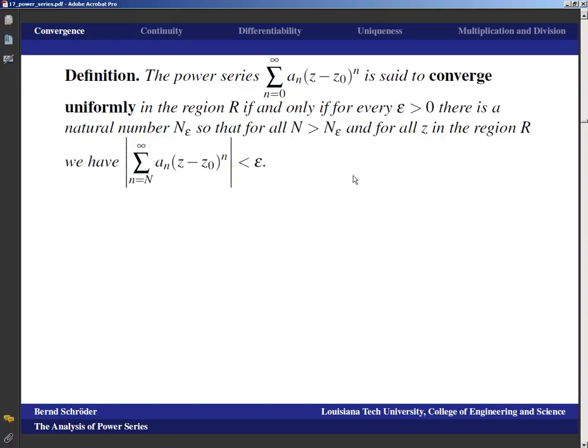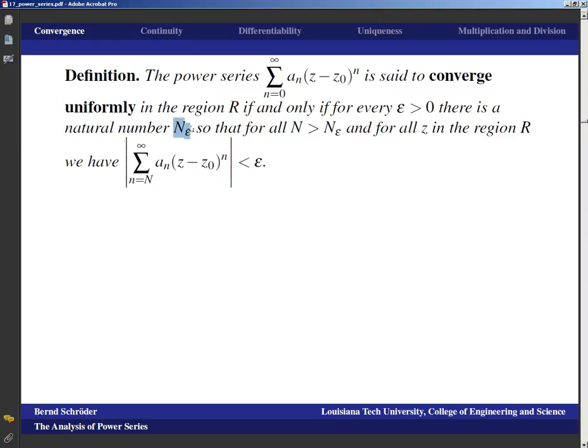So the only thing that happened here is that convergence means for every z and for every epsilon, there is that natural number n epsilon, so that for all n greater than n epsilon, the remainder is small. We just have taken the for all z from the outside of this nested quantification to the inside. That is very important, because the other one is pointwise convergence, as that's called.